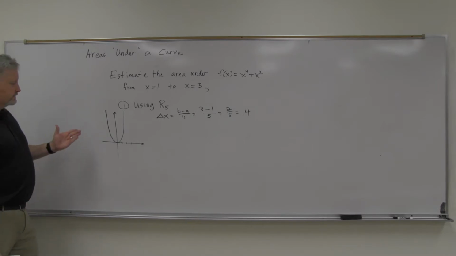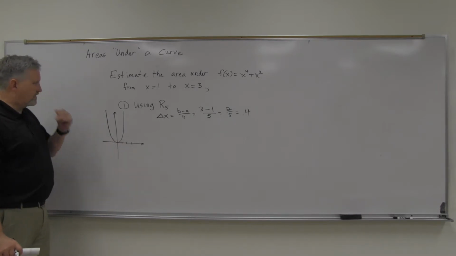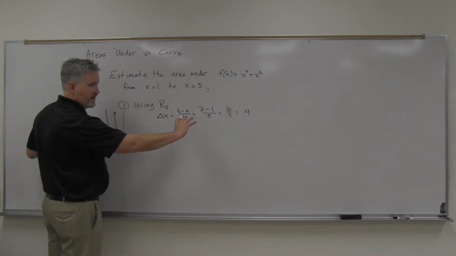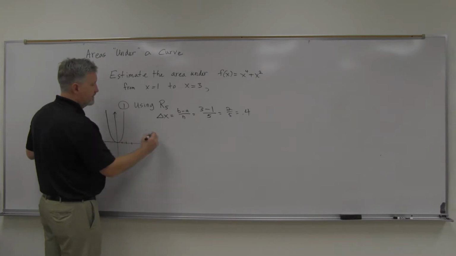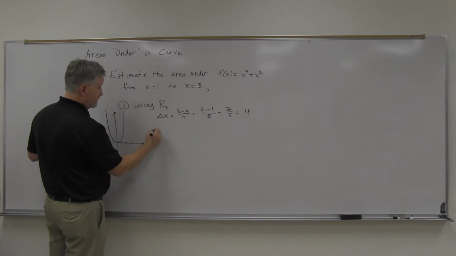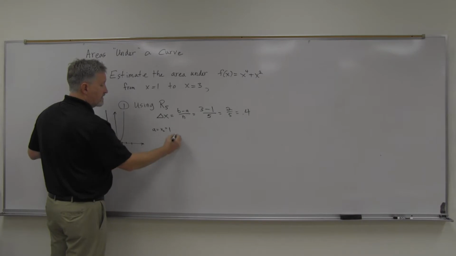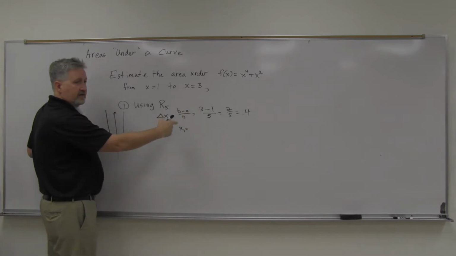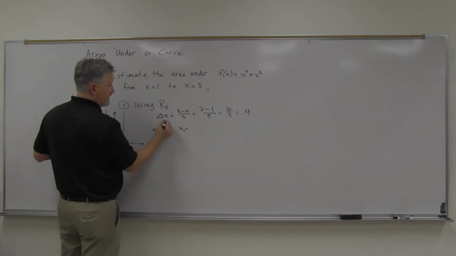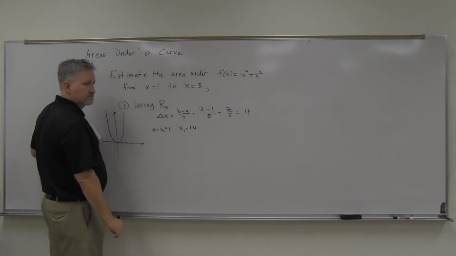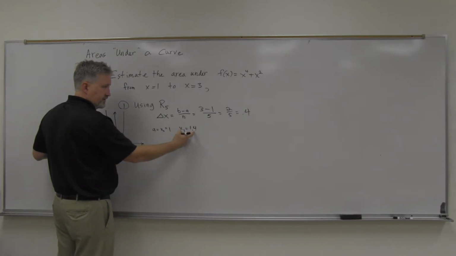Now, you can draw them out, but sometimes I like to just write out my subintervals, the x values for them. We start at a, which is x0, and that's 1. Then for x1, you just keep adding delta x to get the subsequent x values. So x1 would be 1 plus 0.4, which is 1.4.